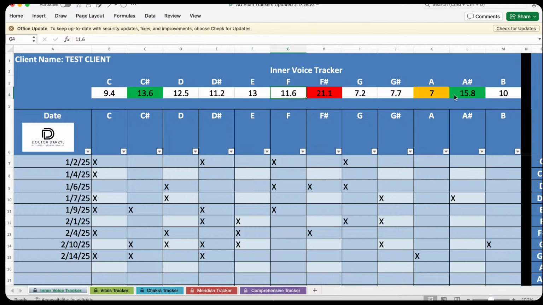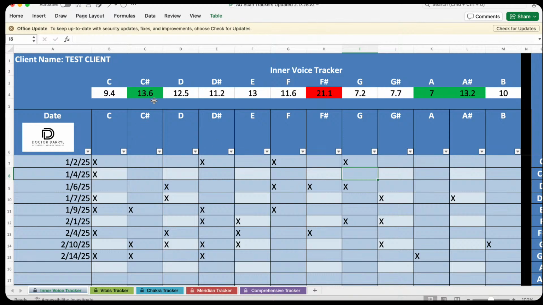And I'm going to change this to 13.2. All right, so let's say for a second that these were the numbers that came up in my inner voice scan.